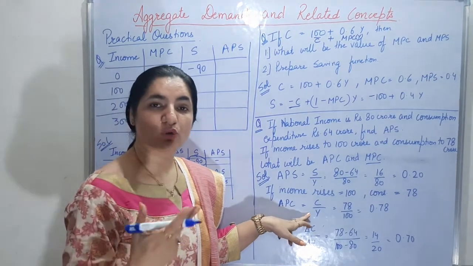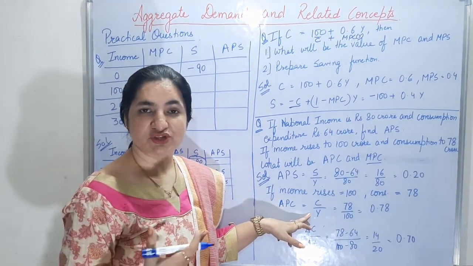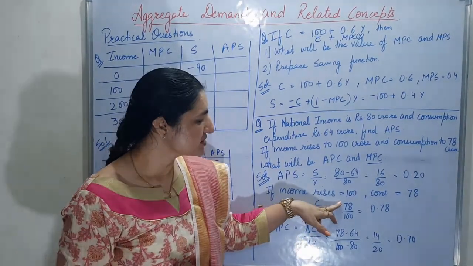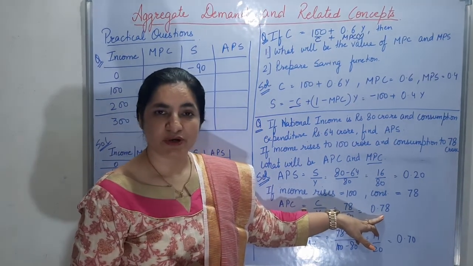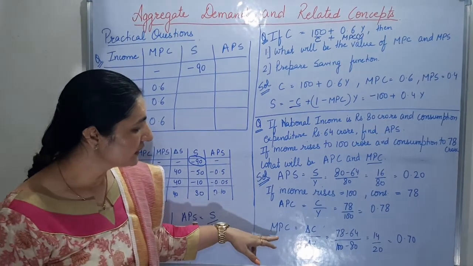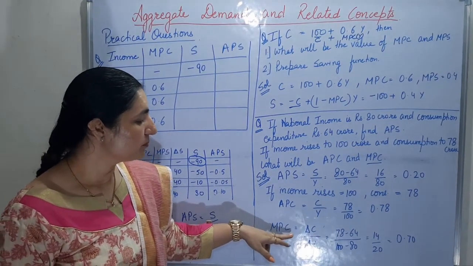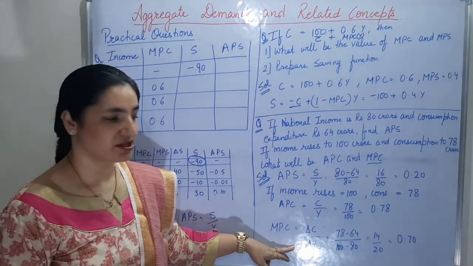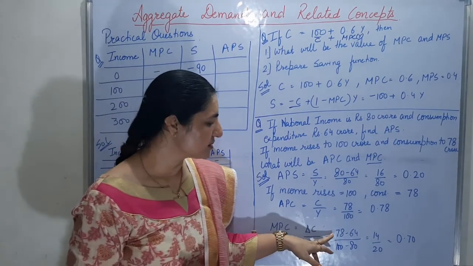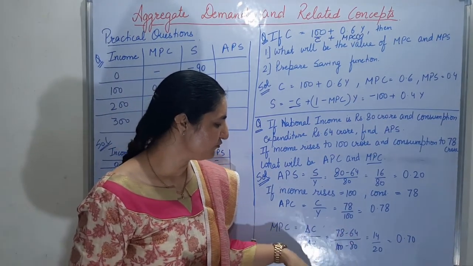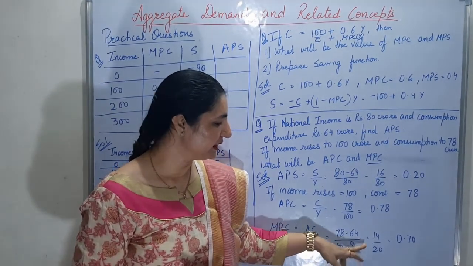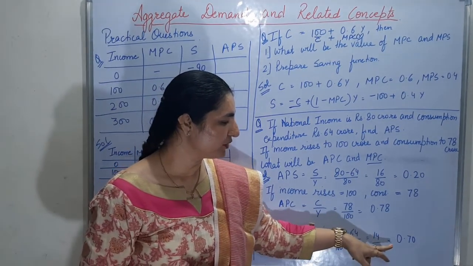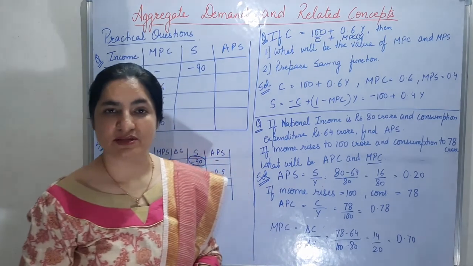So we take the new level of consumption and new level of income, which is 78 divided by 100. So resultant is 0.78. In MPC, we need to apply change in consumption by change in income. So change in consumption is 78 minus 64 divided by change in income, that is 100 minus 80, that is 14 divided by 20, 0.70.